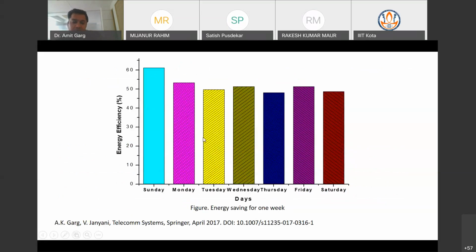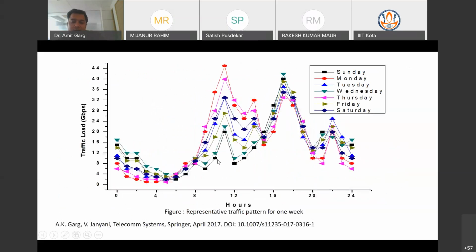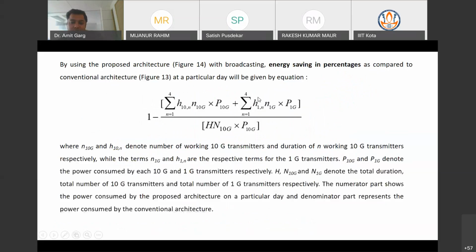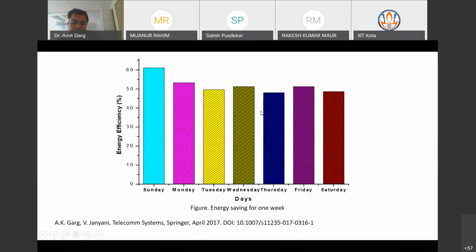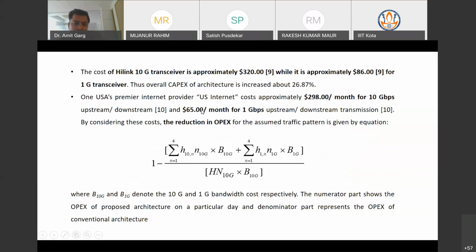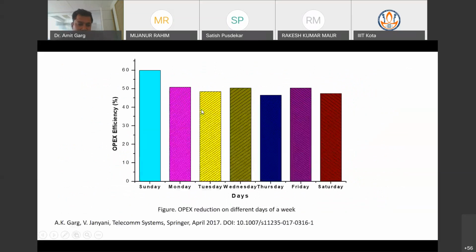And definitely, if this traffic pattern is changing, then this energy saving capability is also changing. But definitely, there must be some energy saving. And OPEX saving and energy are the same structure: if there is a requirement of high energy, then there is a requirement of high cost.